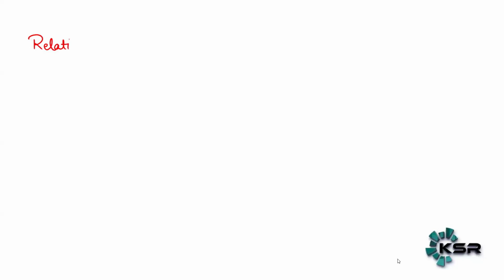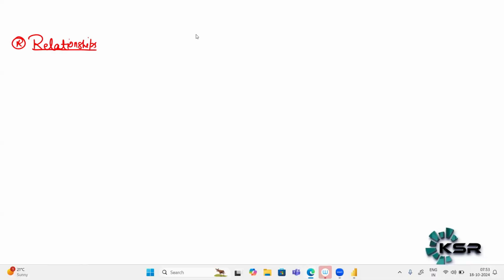Okay guys, tell me, what are relationships? Don't worry if you know or don't know about Power BI. Just forget about that. Just tell me relationships, whatever you are aware of. First time listening to this word?